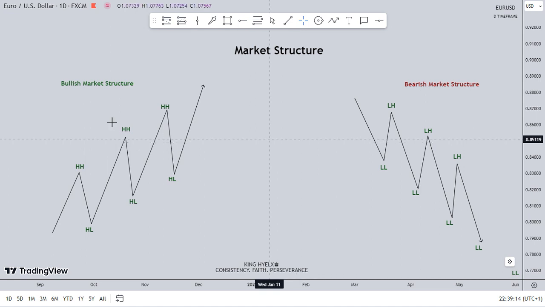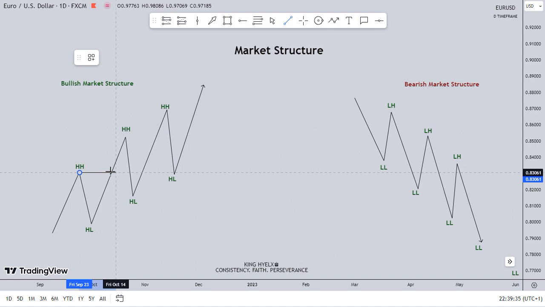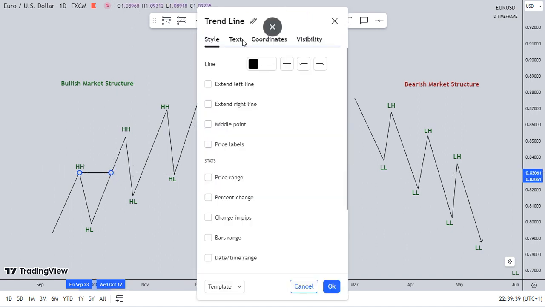Now what's happening at this point: whenever we close or go higher than the previous high, what that is called is a break in market structure. So this was our previous higher high, and then price came and went above it. Whenever we close above the previous high, what we have there essentially is a break in market structure.